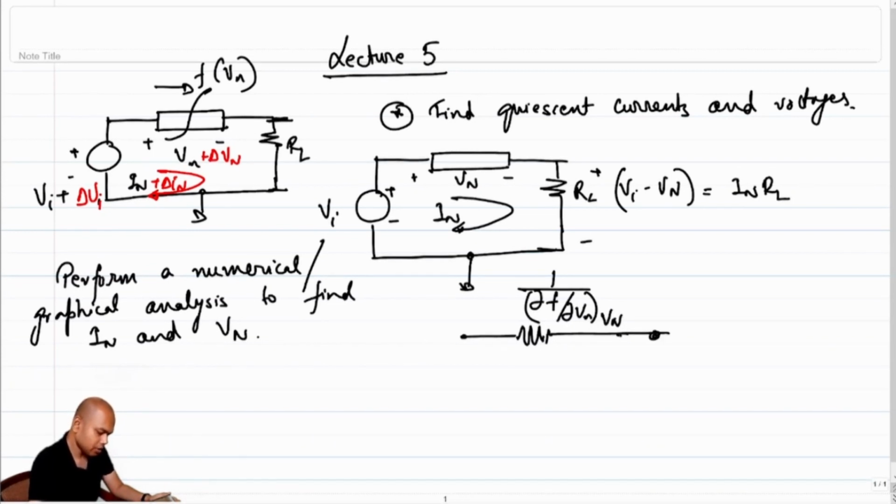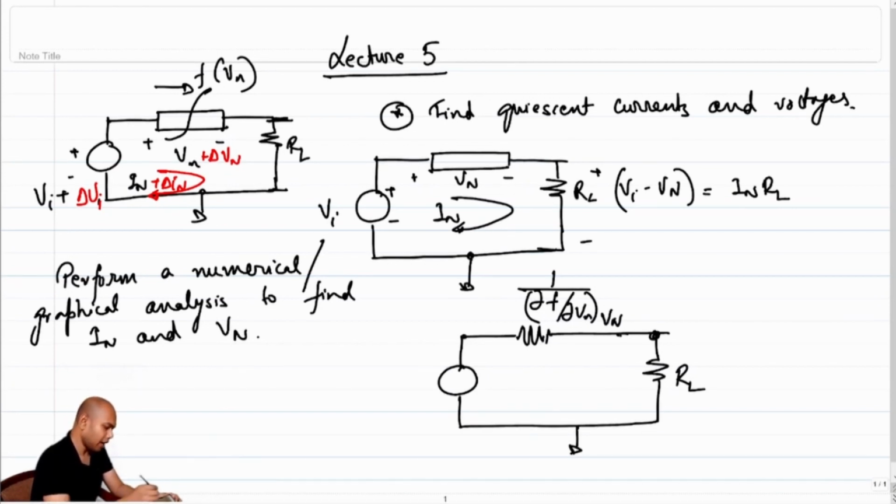What happens to the resistor RL? This RL remains RL. What happens to the input? Note that since we are concerned about delta Vi, the input effectively becomes delta Vi, correct?